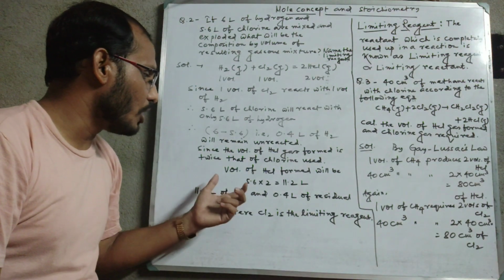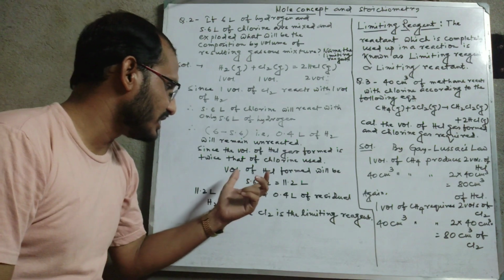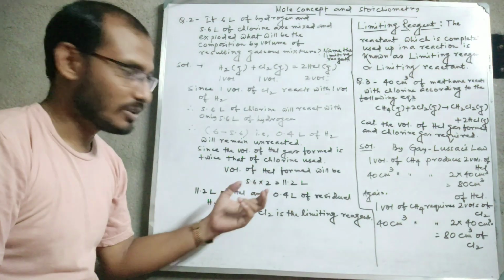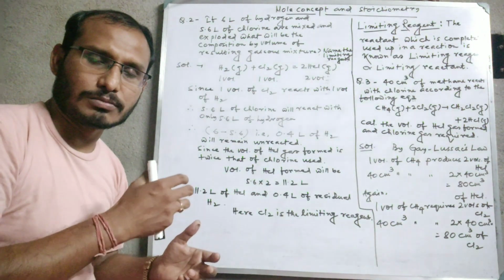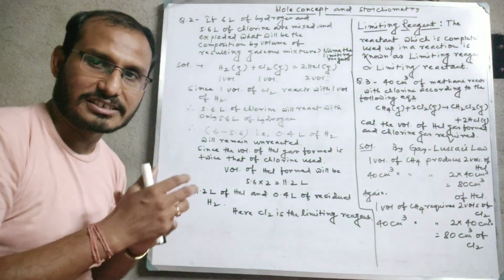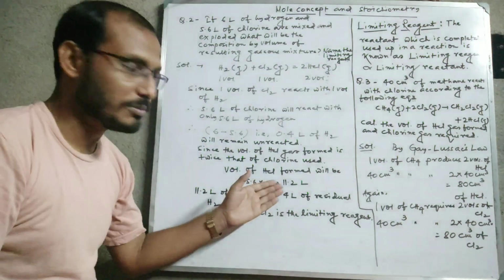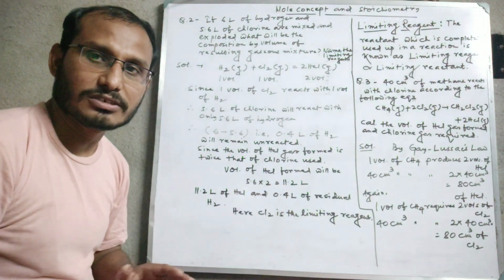So the volume of HCl will be twice that of chlorine, that is 5.6 into 2, which is 11.2 liter.